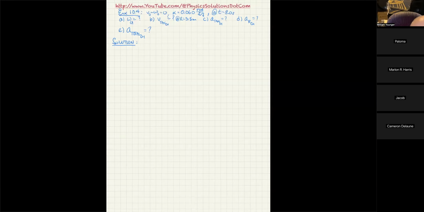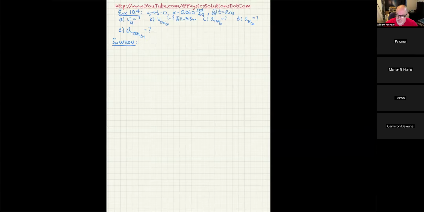Well, we're going to have to figure out the angular velocity given an angular acceleration. We know, for instance, if we had an initial velocity of 0 meters per second and an acceleration A of 0.060 meters per second squared, and we were asked what the final velocity would be after 8 seconds, then we could use V equals V0 plus AT.